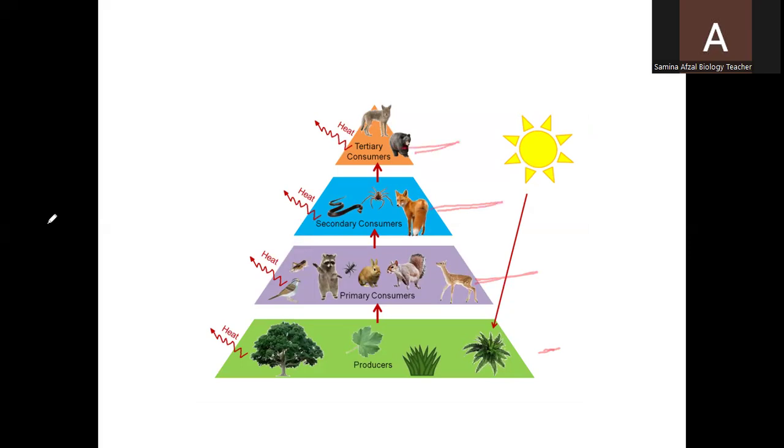The largest amount will be of the producers, primary consumers will be lesser in number than the producers, secondary consumers lesser than primary consumers, and tertiary consumers lesser than secondary consumers. So as size increases, the number decreases. In this way, the ecological pyramids represent the different food chains, or energy flow in an ecosystem.